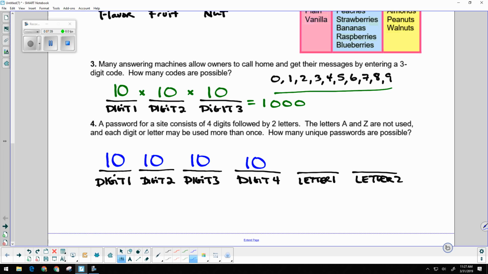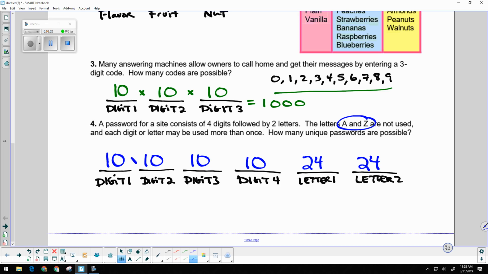Now for the letters. There are 26 letters in the alphabet. But A and Z are not used. So 2 of those 26 we're not allowed to use. So we only have 24 choices for what letter could go here or here.